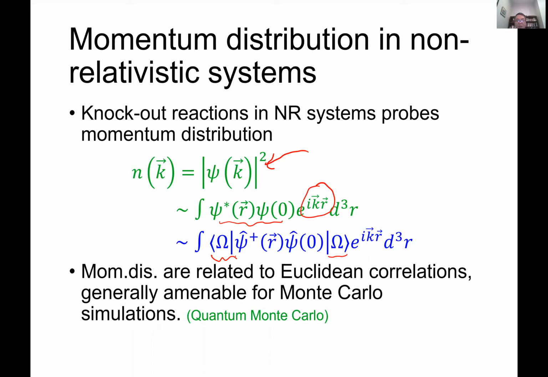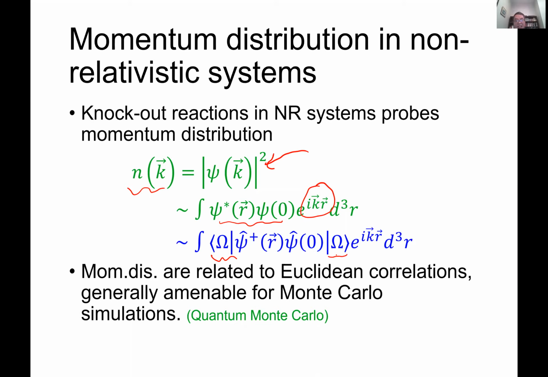Therefore, these kinds of momentum distributions are calculable using Monte Carlo simulations. In fact, some nuclear physicists have developed the so-called quantum Monte Carlo method, calculating, for example, carbon-12, 12 quantum particles.